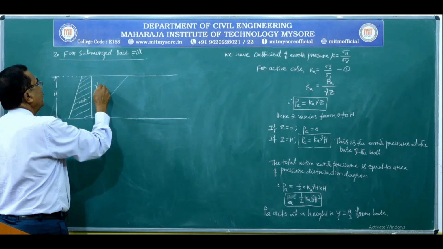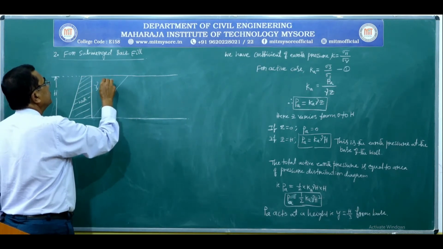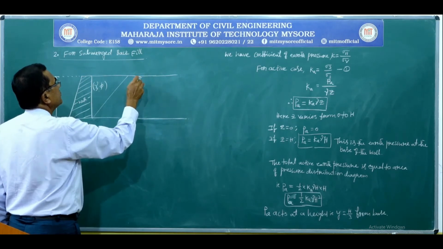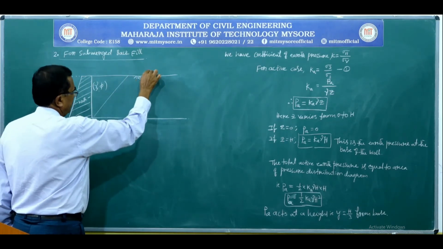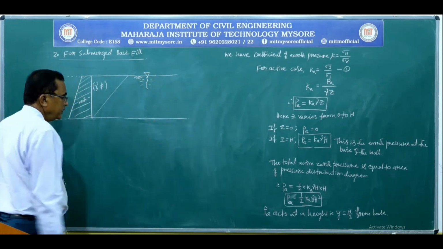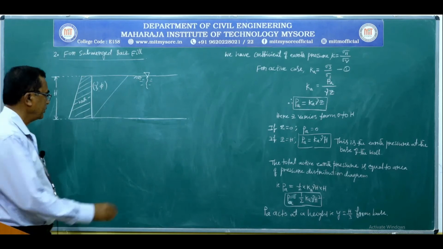Properties of soil are gamma and phi. So this is the surface, and here the water table is at the ground level.